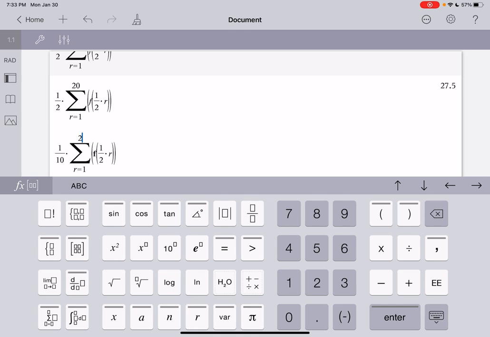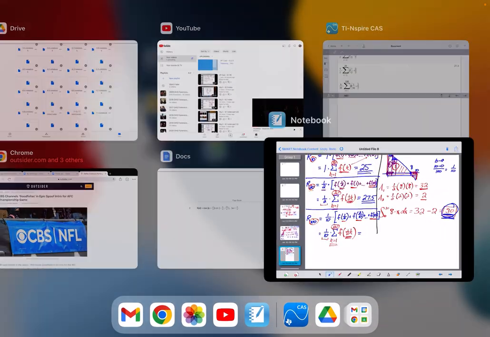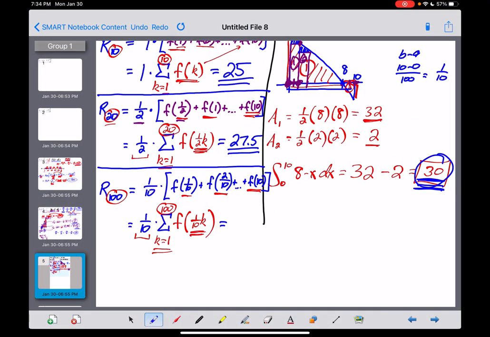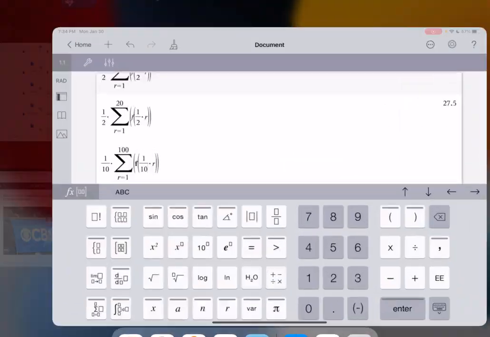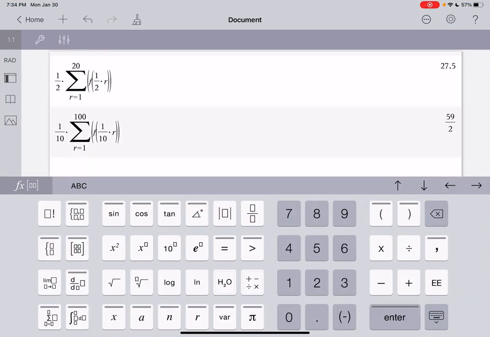But up on top, that 20, we're now going up until we get to a 100. And then to the right now, instead of a 1/2 R, that's going to be a 1/10 R. So a 1/10, 1/10, and 100 on the top. I want to make sure I have that typed in right, and I think I do. Let's see what we get here now, guys.